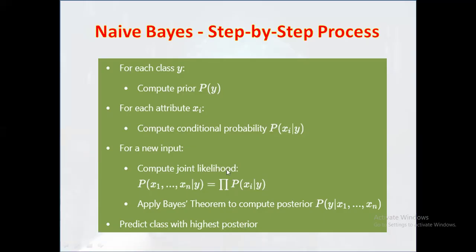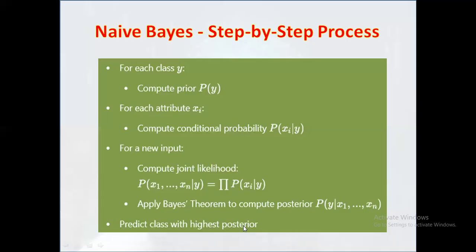For new data points, the model calculates the likelihood of the entire feature set given the class using the product rule, that is the product of P of xi given y, leveraging the independence assumption. After calculating the likelihood for all classes, the model uses the Bayes theorem to compute the posterior probability for each class and selects the class with the highest posterior as the predicted label.